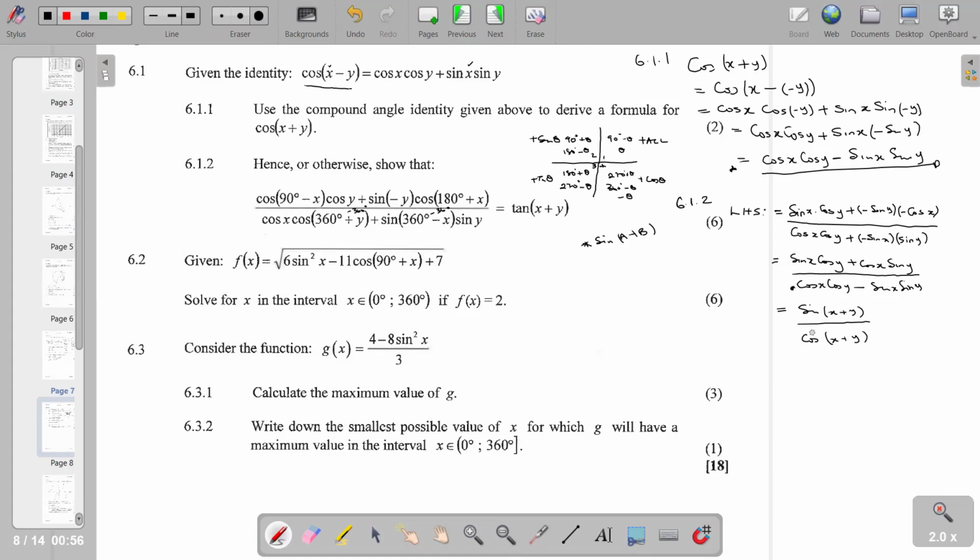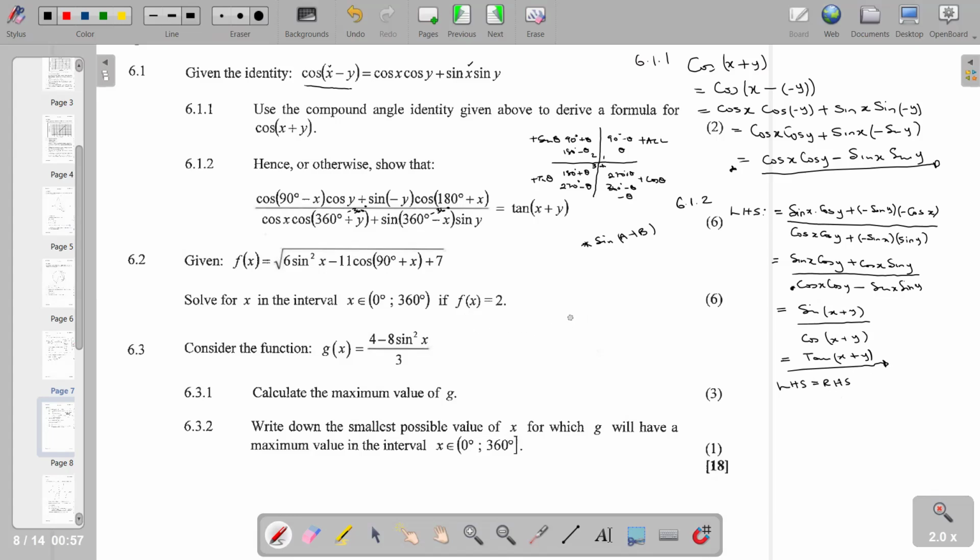And sine over cos, where the angles are the same, changes to tan x plus y. And we have concluded that our left-hand side is equal to our right-hand side. So we have proven our identity.